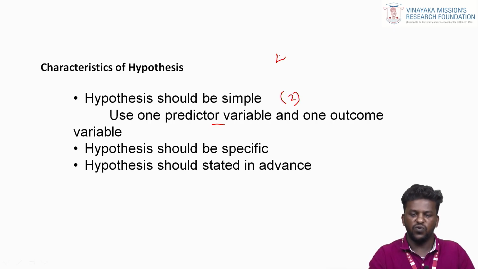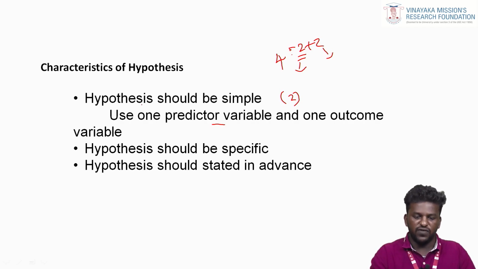With 4 variables, 2 plus 2, the first 2 variables need one set of test statistics and the other 2 need another, for testing the hypothesis. So it becomes very complex. So you should frame your hypothesis simply, using only one predictor variable and one outcome variable, or one exposure and one outcome variable.